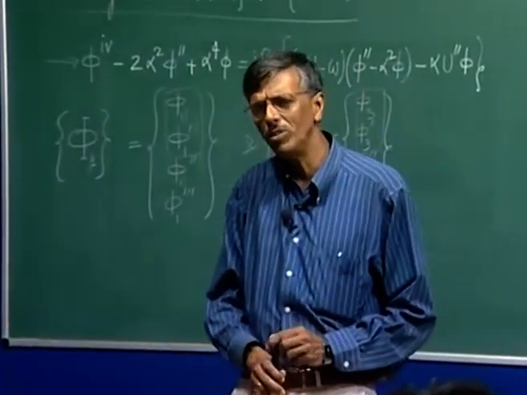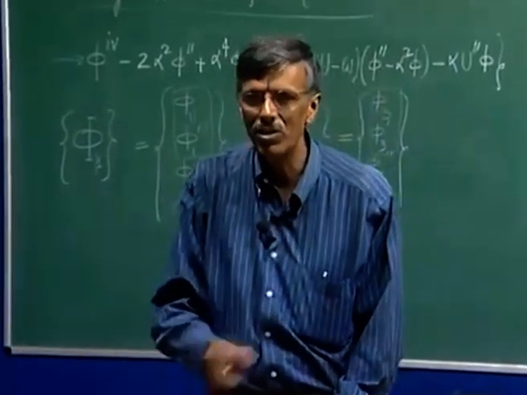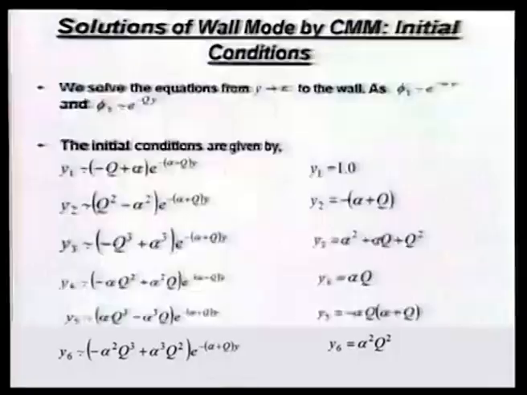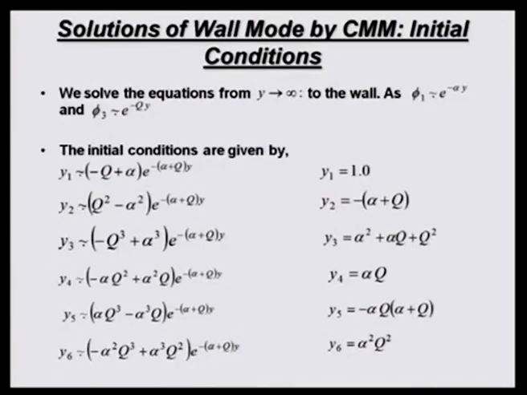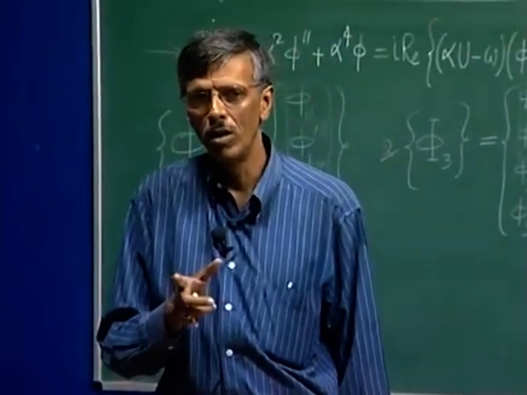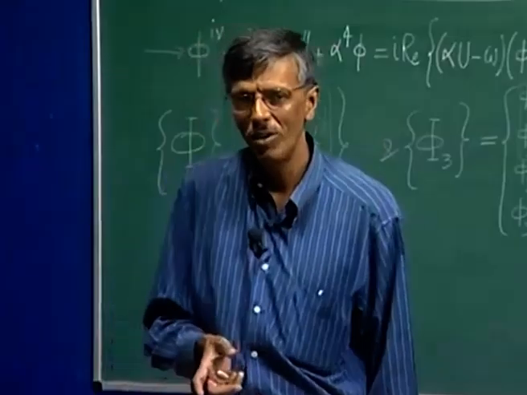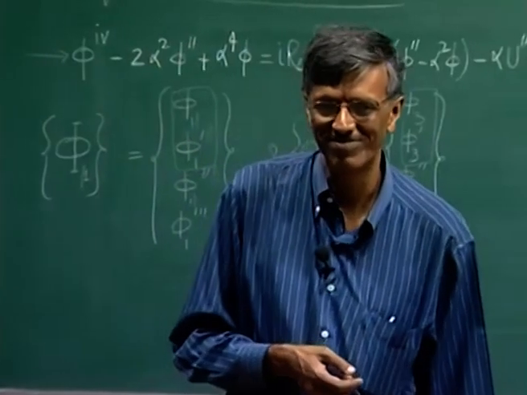And what has happened? You do not have to worry about the stiffness anymore. You have actually factored out the stiffness by this clever design of the variables. So, what you have is 6 first order coupled ordinary differential equations with very neatly given initial conditions. You can use any method of solution.